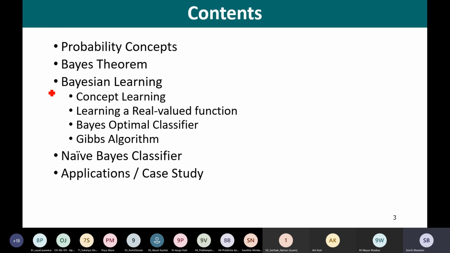Under Bayesian learning, we are going to learn concept learning, learning a real valued function, Bayes optimal classifier, Gibbs algorithm. Then we are focusing upon the popular classifier known as naive Bayes classifier, and then we'll see a few applications and case studies while discussing all those algorithms. So this is what we are going to learn in this unit.